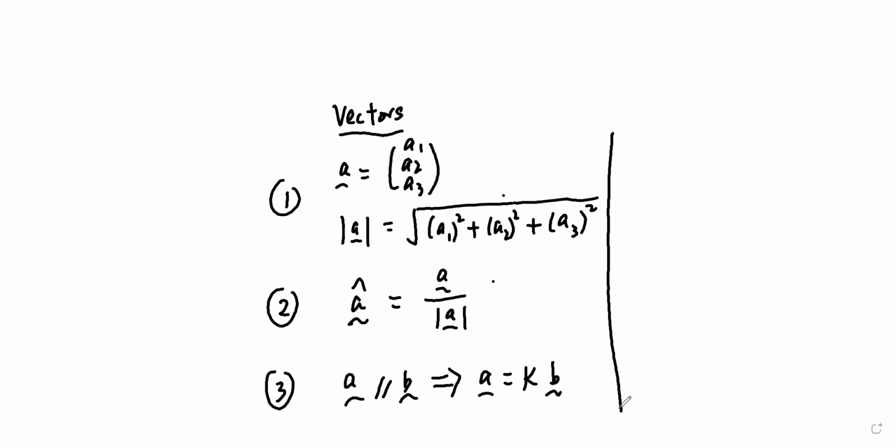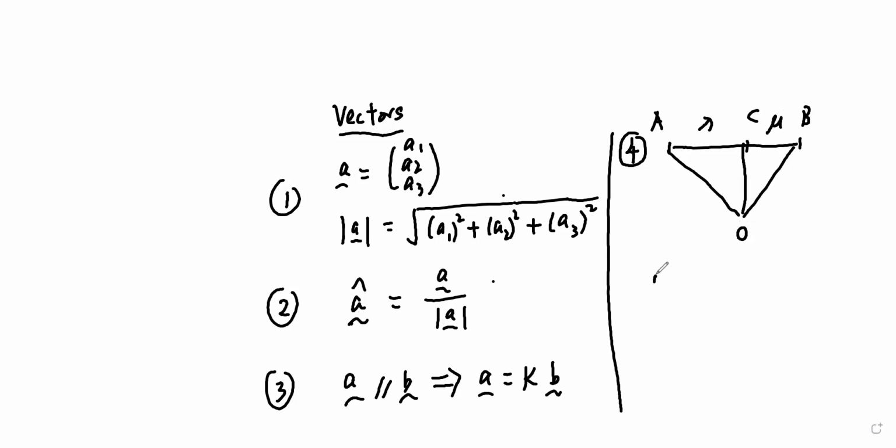Next, concept four is the ratio theorem. If I have AB and C divides AB in the ratio lambda:mu, the vector OC will be equal to lambda OB plus mu times of OA divided by lambda plus mu.